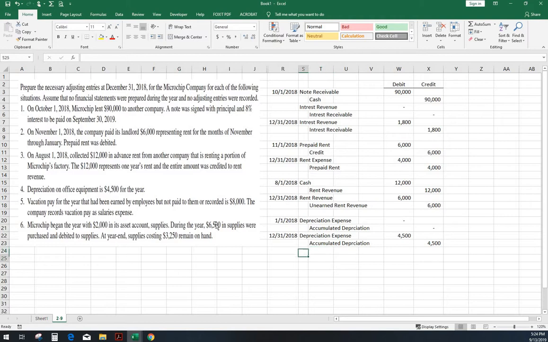Now next one. Vacation pay for the year had been earned by employees but not yet paid to them or recorded is $8,000. The company records vacation pay as salary expense.